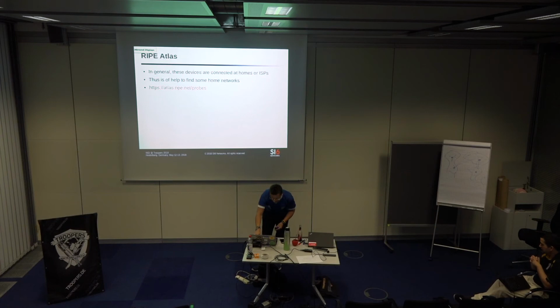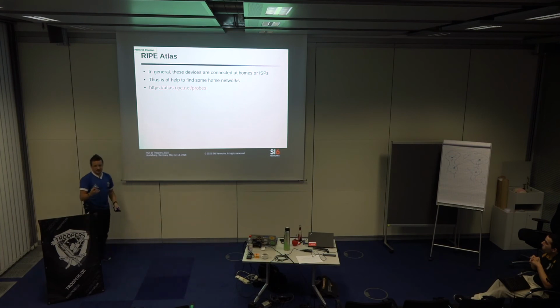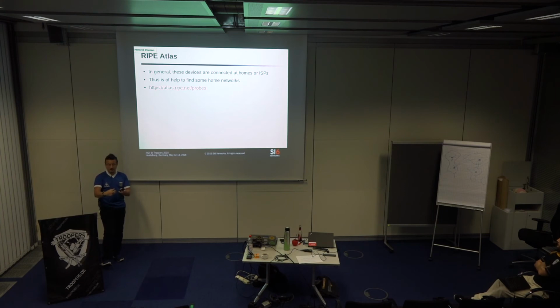What else? Another one is RIPE Atlas, and I'm not talking about RIPE Atlas in the sense of, you might know these RIPE Atlas boxes. It's essentially some kind of 4G router, I don't know what it is, that they rewrite the firmware for, and they give away these devices, usually at conferences, for free.